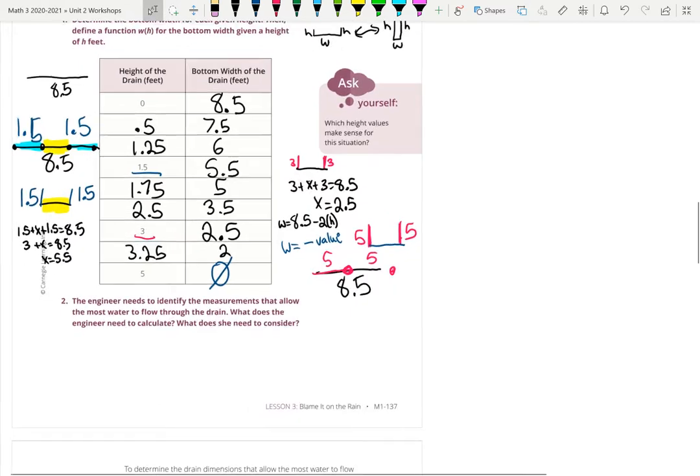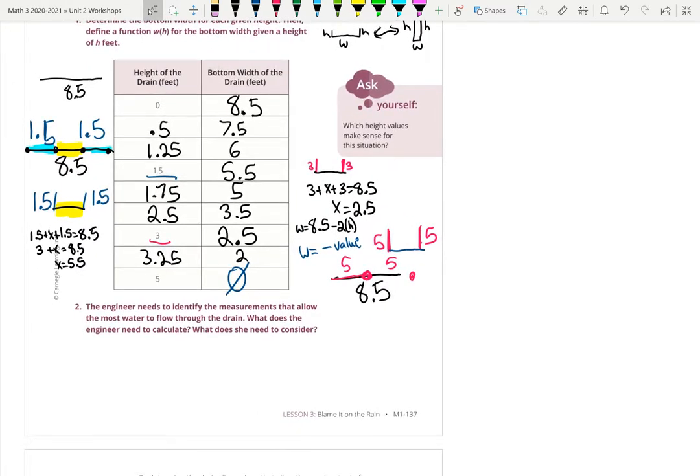Okay, so the engineer needs to identify measurements that allow the most water to flow through the drain. So what does the engineer need to calculate? What does she need to consider? The first being that the drain cannot be too small, otherwise it gets clogged.